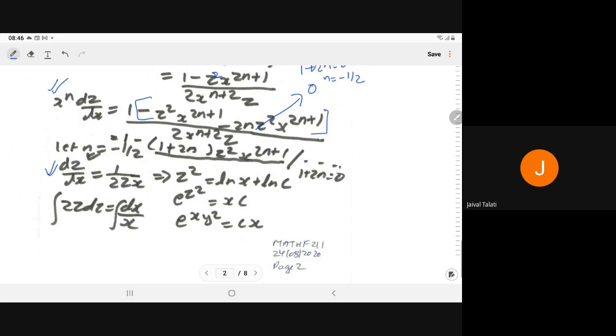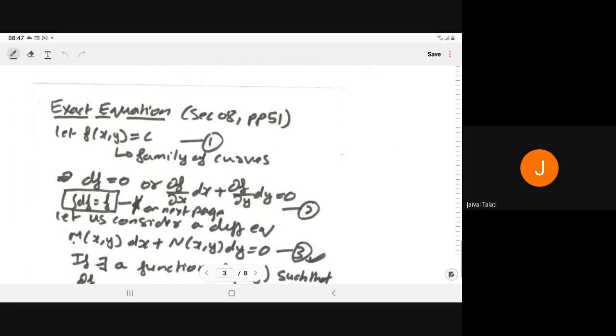It will give you z square is equal to ln x plus ln c, or e to power z square is equal to xc, and with the substitution of z that you put, it will give you e to power x y square is equal to xc. So this is the solution. Again, you can see this is the arbitrary constant, and the given equation is of first order, first degree, so we have one arbitrary constant.